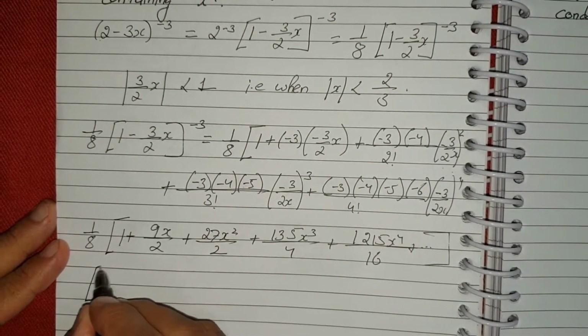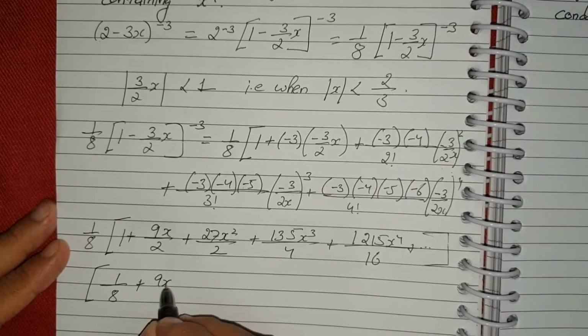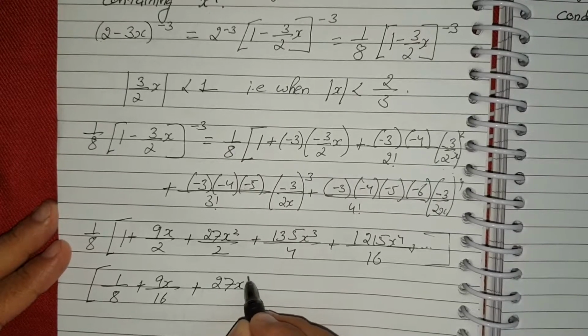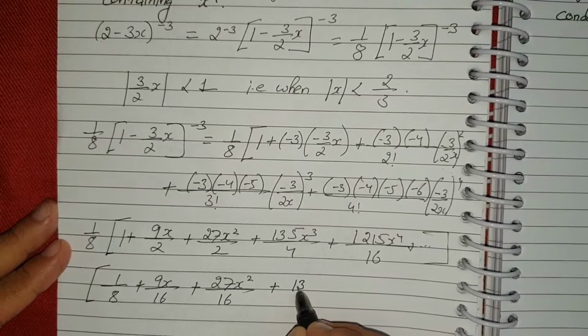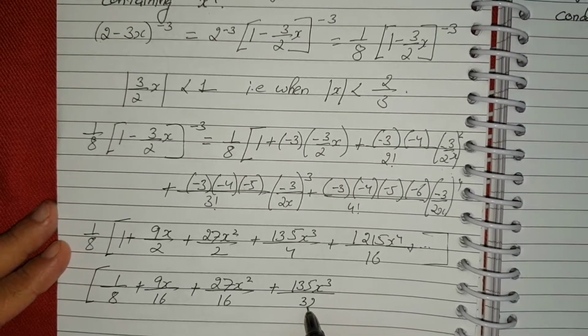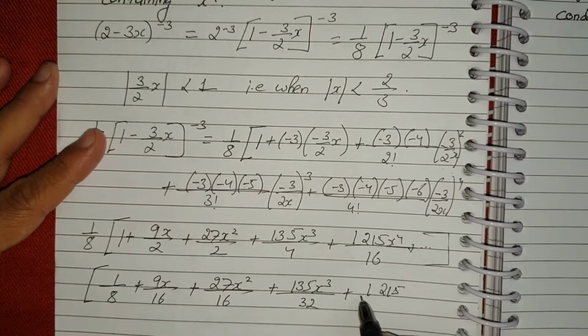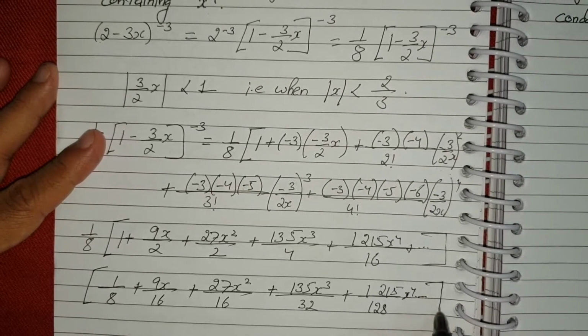So this will be 1 by 8 plus 9x by 16 plus 27x square by 16 plus 135 x cube by 32 plus 1215 by 128 x to the power 4 and so on.